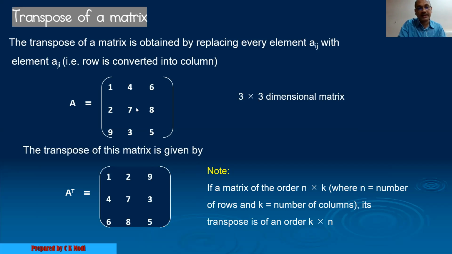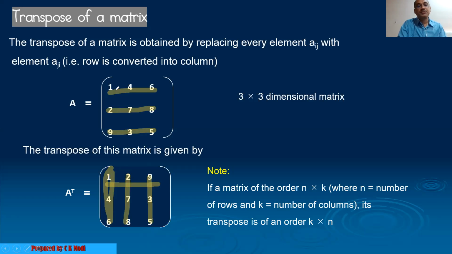The transpose of a matrix is nothing but rows converted into columns. So 1, 4, 6 now becomes a column. Second, 2, 7, 8 now becomes a column. And 9, 3, 5 now becomes a column.